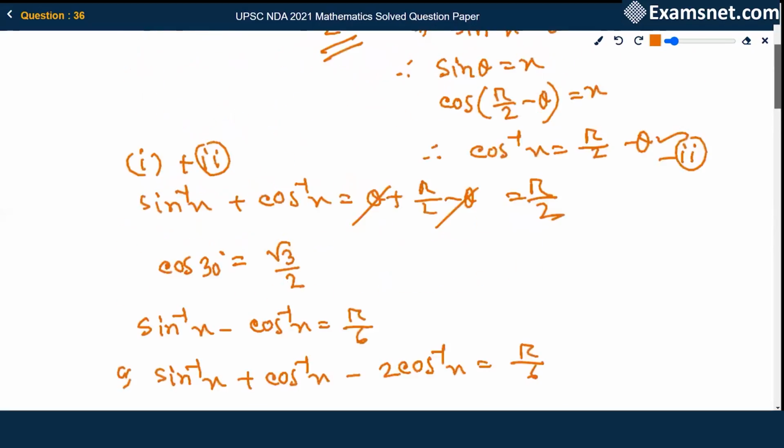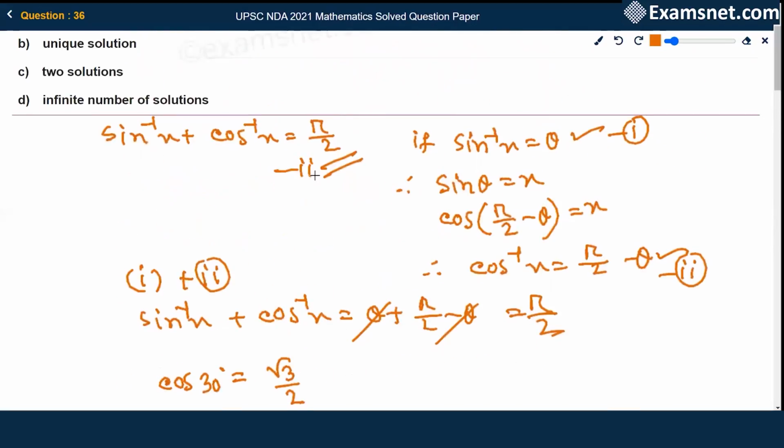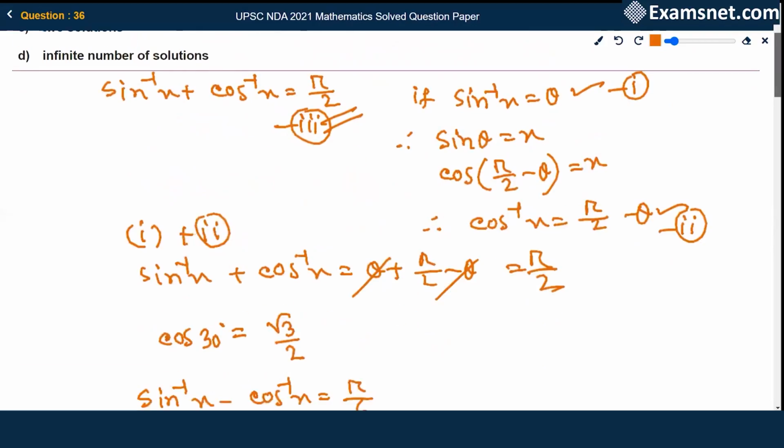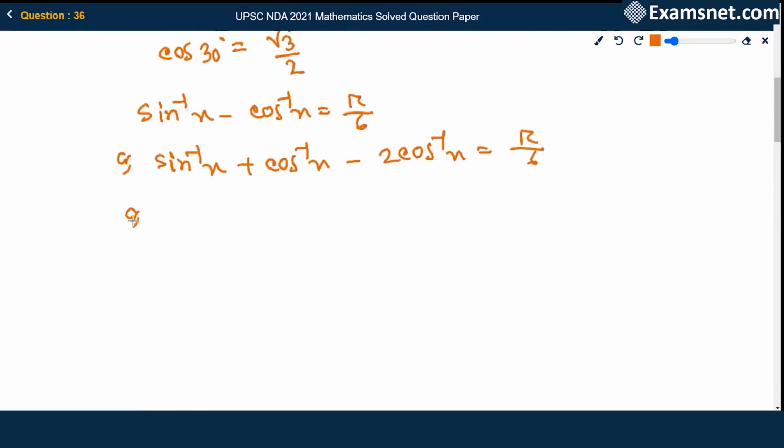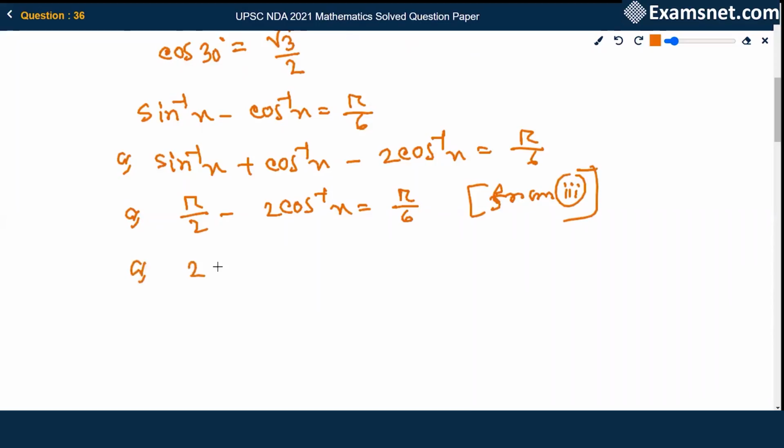Let's name it equation number 3. So from 3, we can write it as pi by 2 minus 2 cos inverse x equals pi by 6.